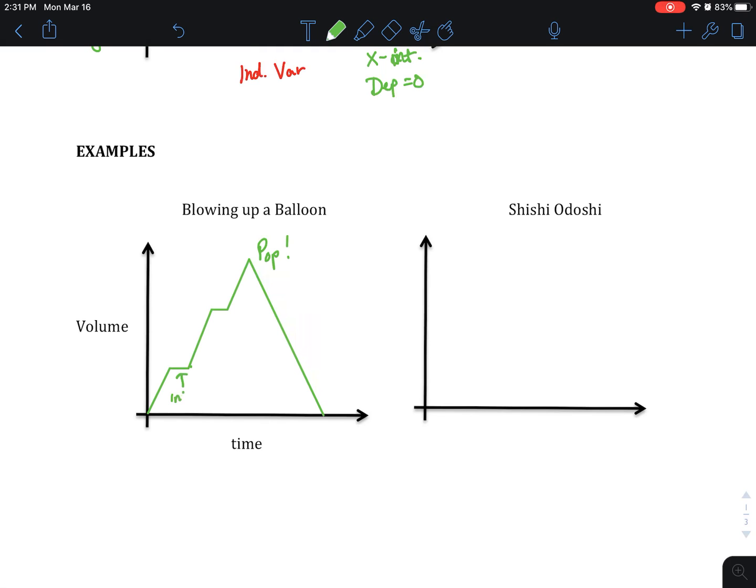So this is where we're inhaling, right? Again, you see how the graph is telling a story. These little sections are telling a story about what's actually happening as the balloon is being blown up.